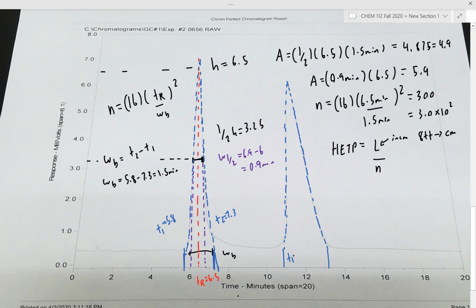So reading off, T1 is about 10.8. T2 is about 13.1. So our width is 13.1 minus 10.8, which in turn gives us 2.3.